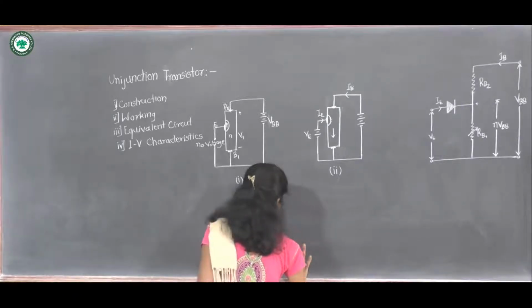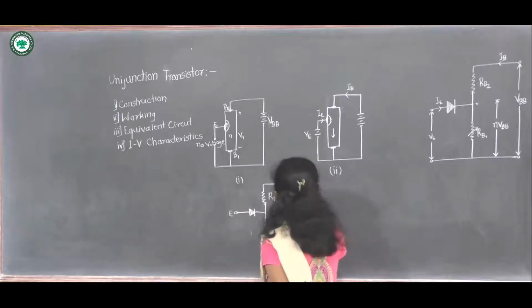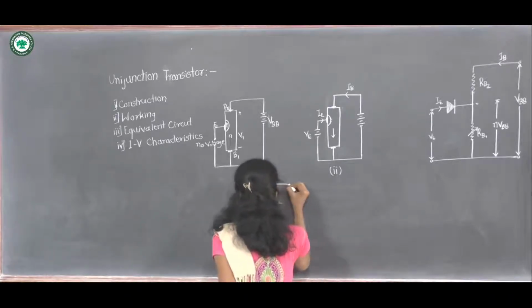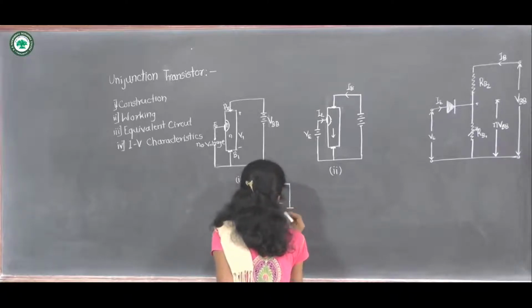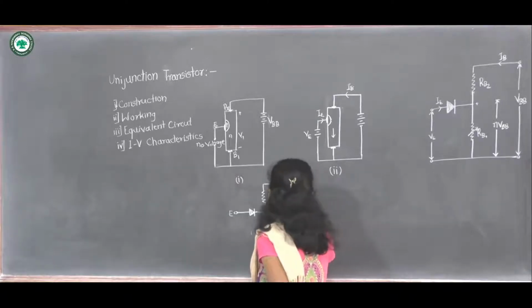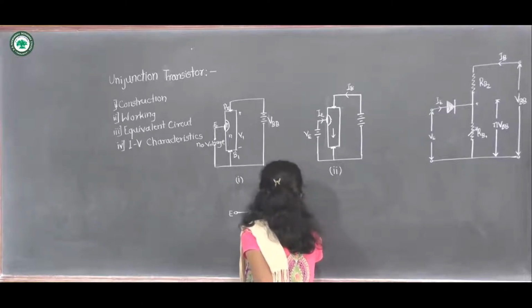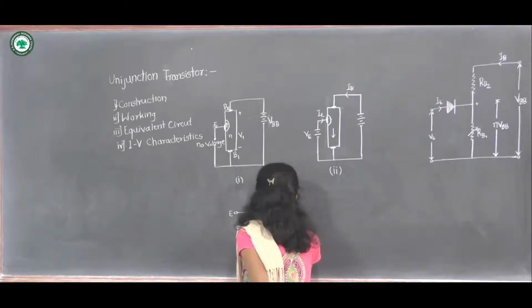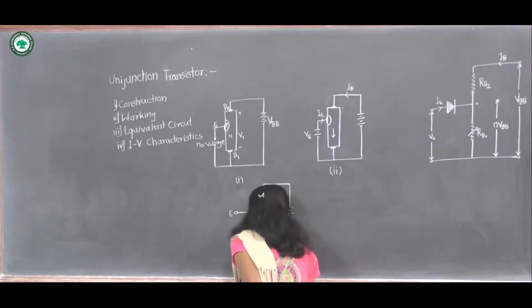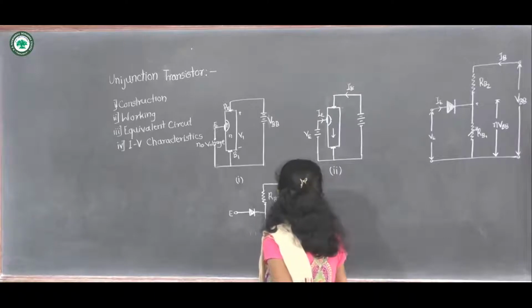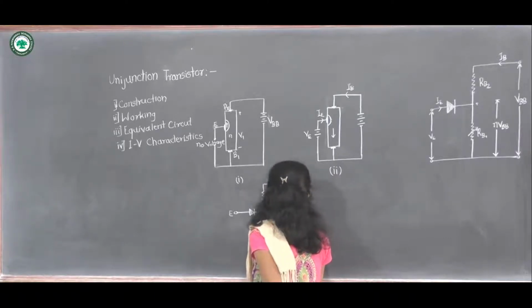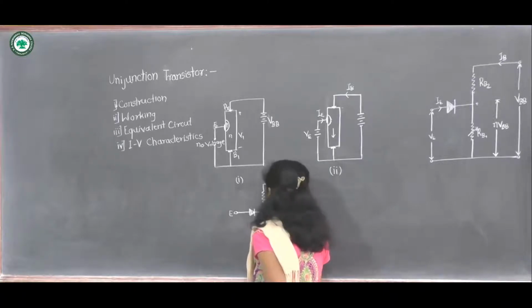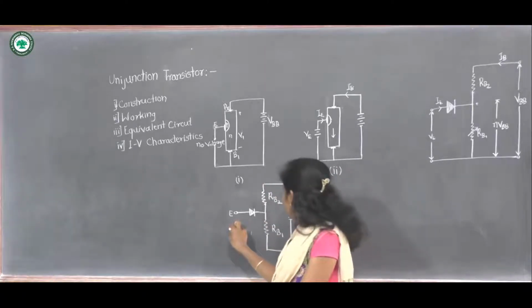Between the two bases, base B1 and base B2, a battery is attached. The positive terminal is connected to B2 and the negative terminal of the battery is connected to base B1, and the voltage across this is denoted as VBB.